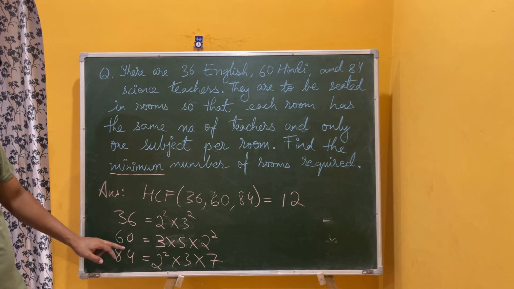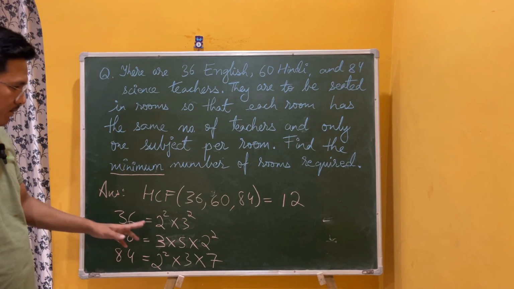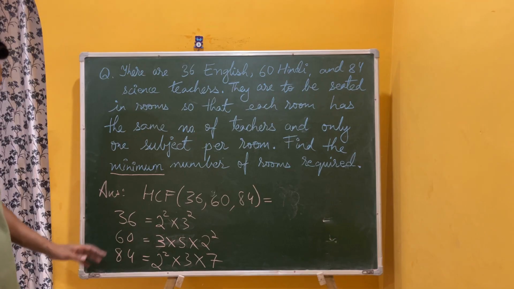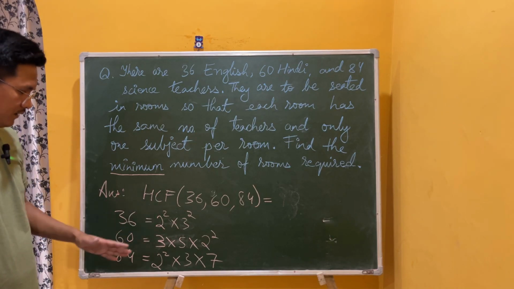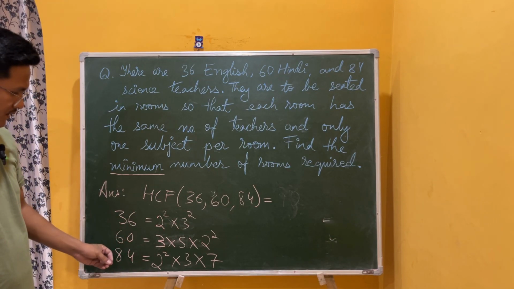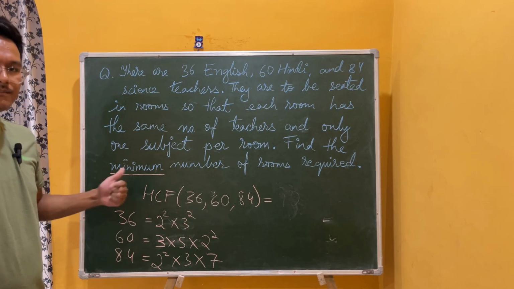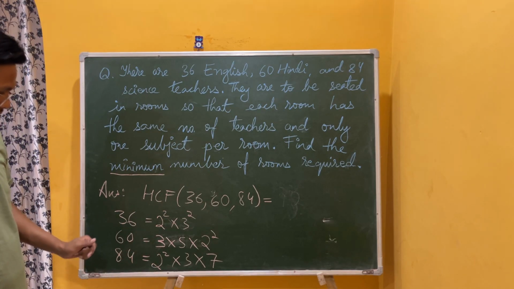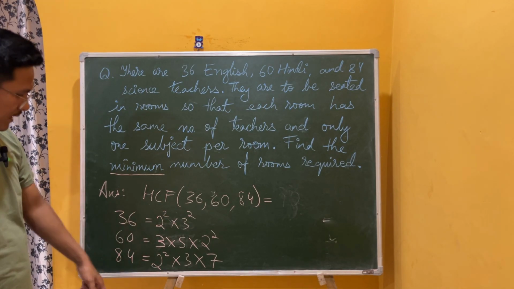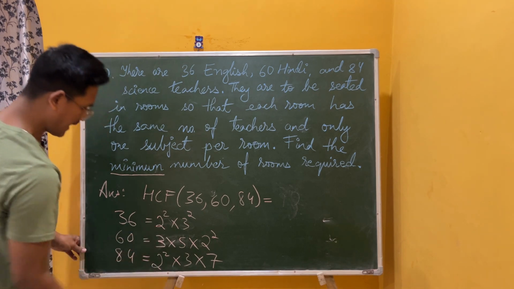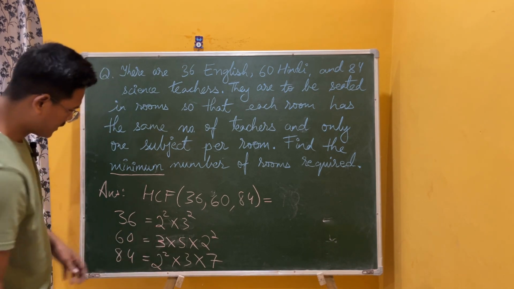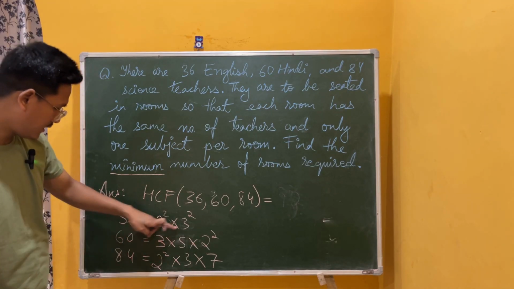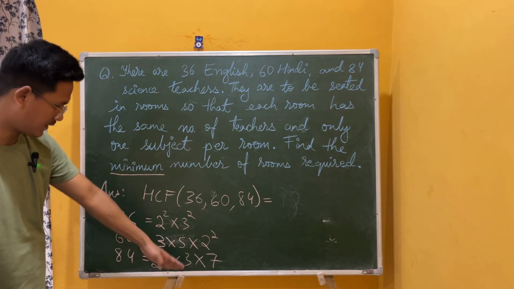So HCF means the product of the smallest powers of each common prime factor involved in the numbers. What are the common prime numbers? 2 and 3. You see 2 here, 2 here and 2 here, and 3 in all three, right?